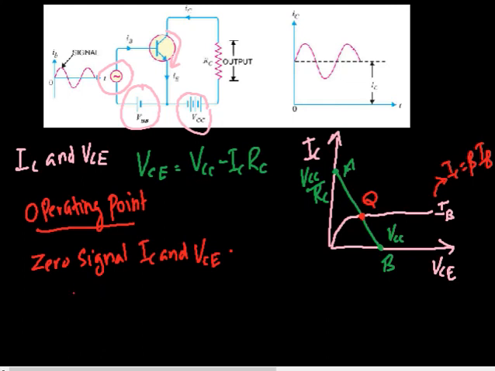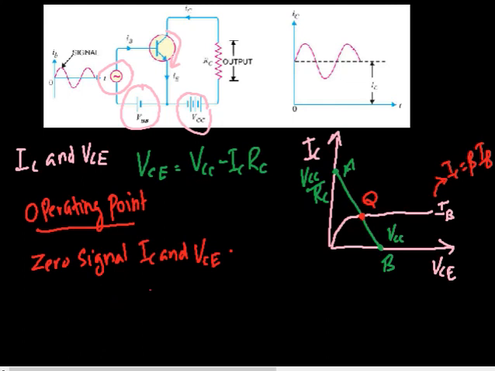It is determined as the point of intersection of the DC load line and collector output characteristics of the common emitter transistor. Determining the operating point is an important thing in determining whether the transistor is in the on state or it serves the purpose of amplification.